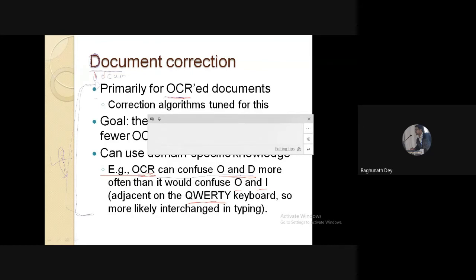So when typing, by mistake, instead of typing I you have typed O, or instead of typing O you have typed I, it gets confused. In this kind of situation, the spelling may be misspelled. These are the things due to which spelling mistakes occur when typing the query on the search engine.